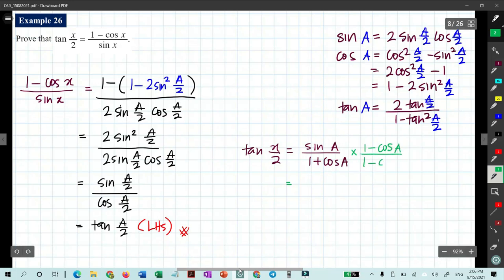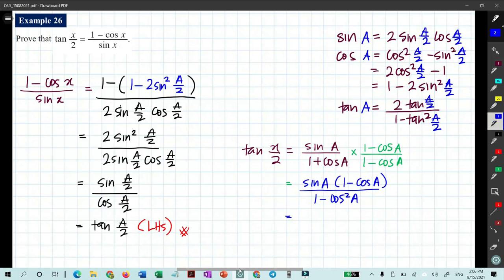So it's 1 minus cos a, and then when you multiply the denominators, you'll get sine a 1 minus cos a over 1 minus cos square a, and you can substitute 1 minus cos square a with just sine square a. Okay, so at the numerator we have sine a 1 minus cos a.